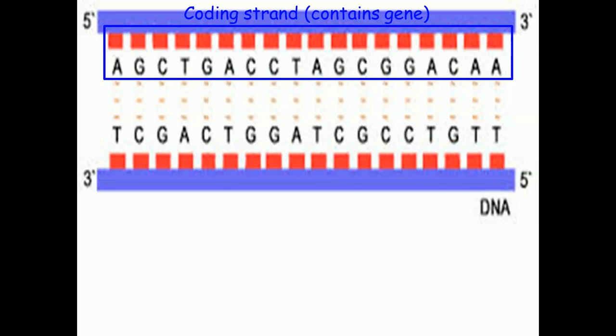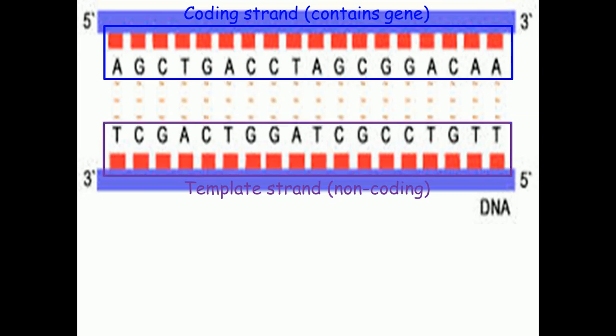So first there is the coding strand, and that coding strand contains our gene, the order of bases that gives the instruction to make the protein. The opposite strand is called the template strand, and this contains complementary bases to the coding strand. To make a copy of the gene, you first have to break the hydrogen bonds to separate both strands.